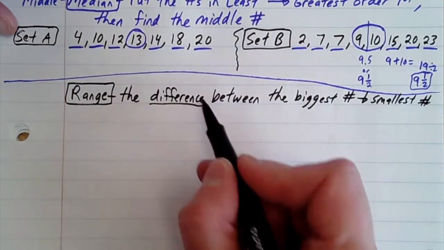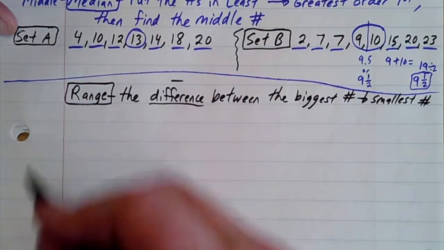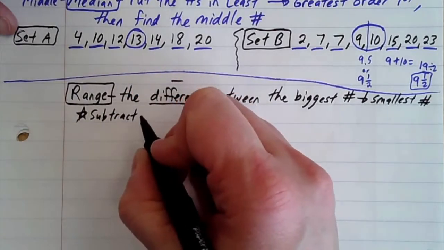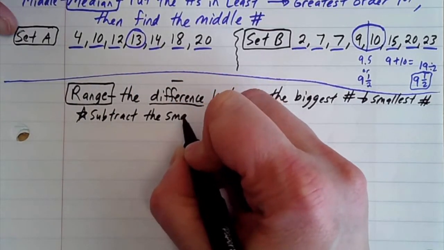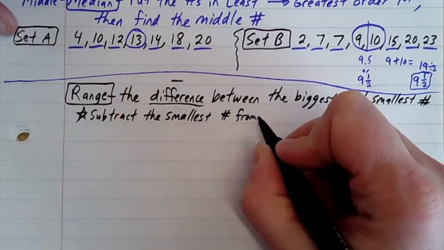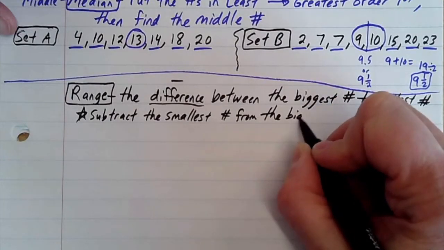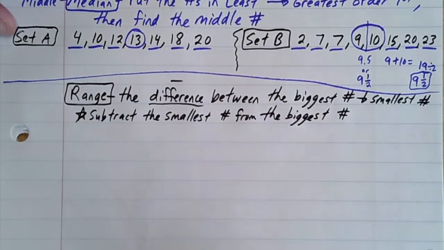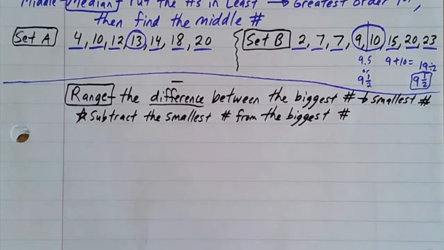Difference means subtract. So you would be subtracting. You are going to subtract the smallest number from the biggest number.